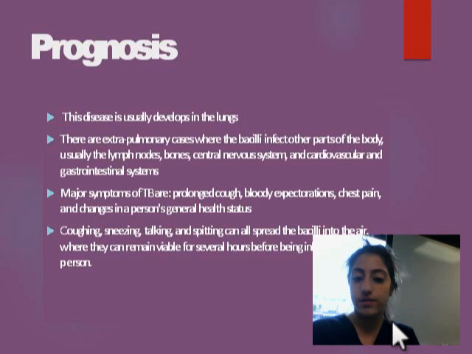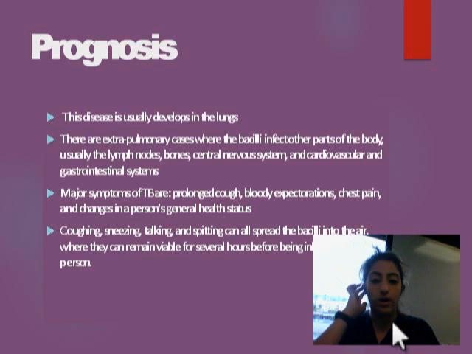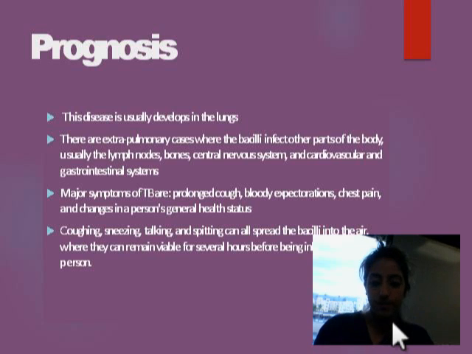Major symptoms of TB are prolonged cough, bloody expectorations, chest pains, and changes in a person's general health status. So that can include weight loss and loss of appetite. Coughing, sneezing, talking, and spitting can all spread the bacilli into the air, where they can remain viable for several hours before another person can get the virus.